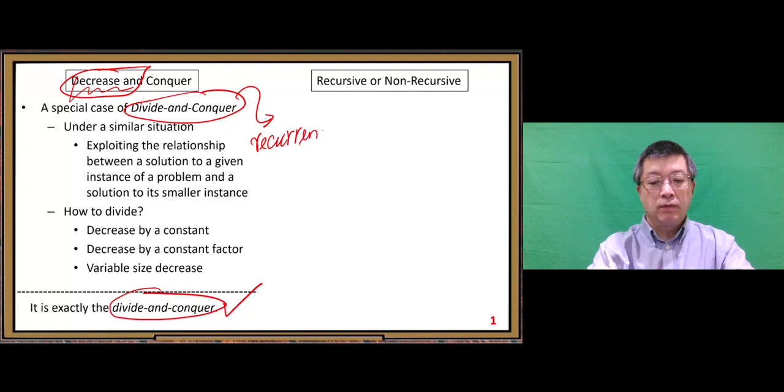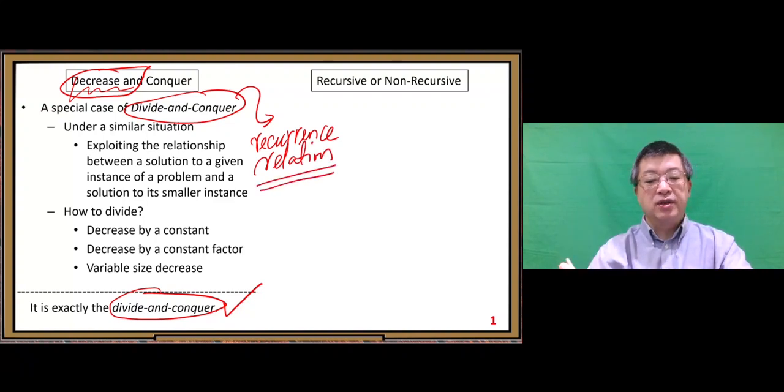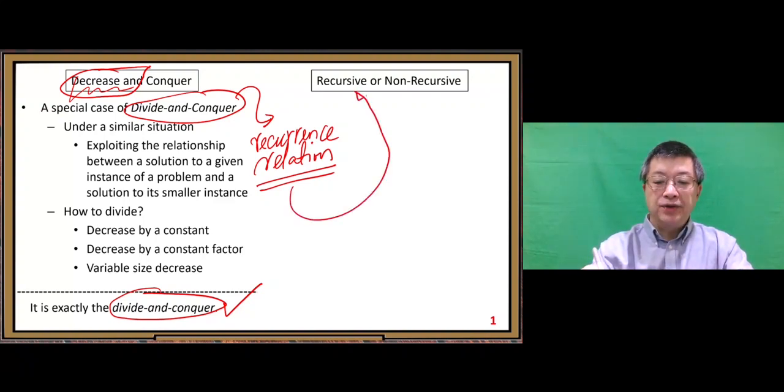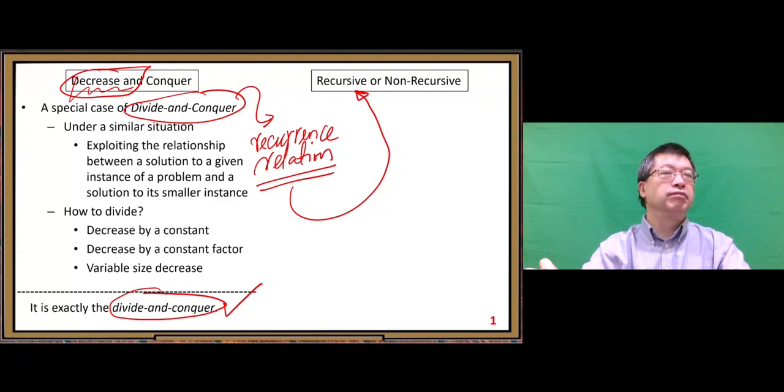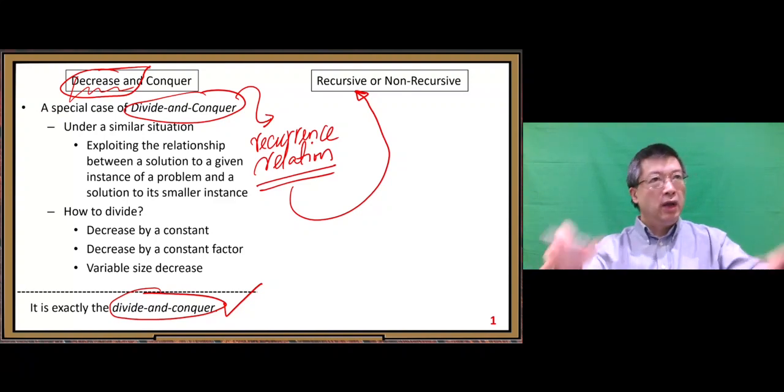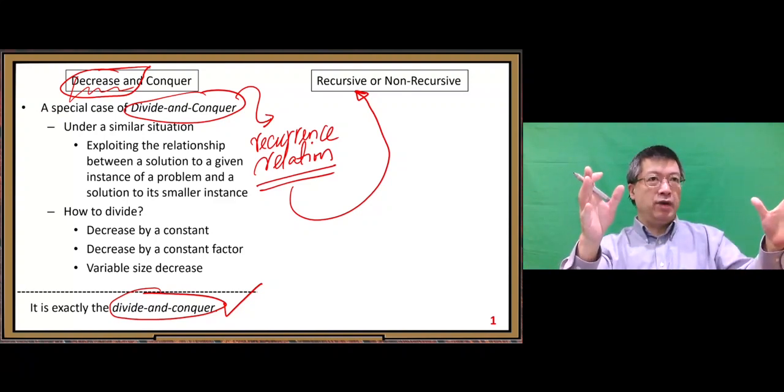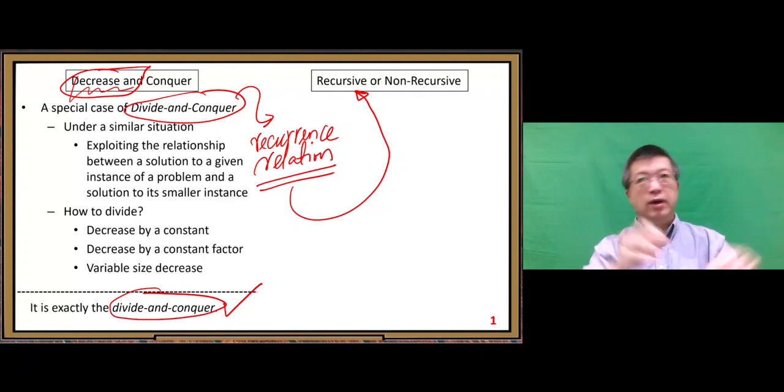Typically you will get a recurrence relation. But when you have a recurrence relation, it is very natural that people like to use the recursive way to implement the algorithm. People tend to follow the natural format of their formulation of the solution.